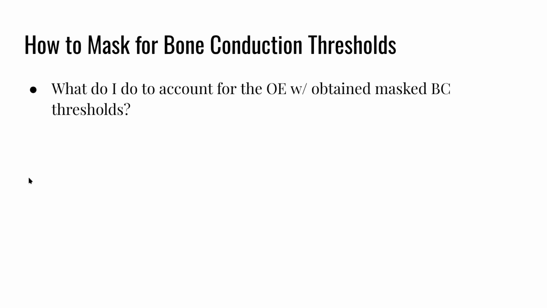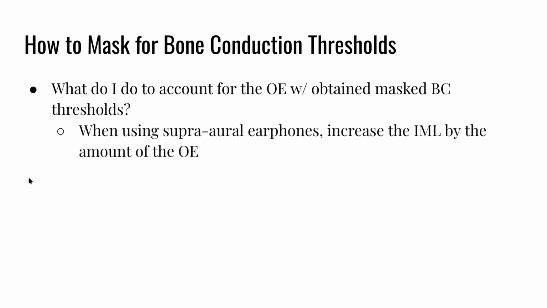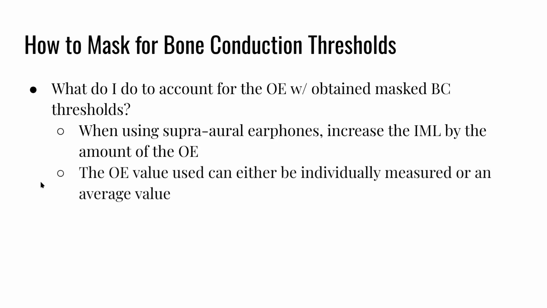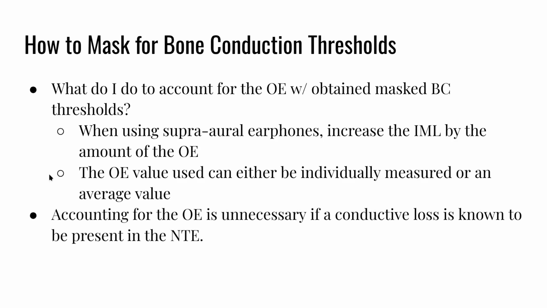So what do I do to account for the occlusion effect when obtaining masked bone conduction thresholds? When you're using supraoral earphones, increase the initial masking level by the amount of the occlusion effect. The occlusion effect value used can either be individually measured or an average value. I said minimum value before, I meant average value.